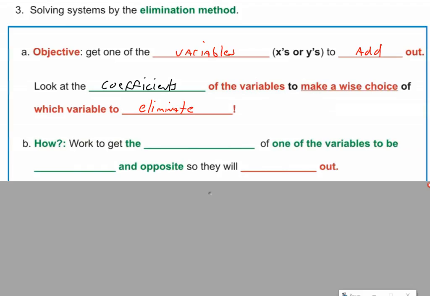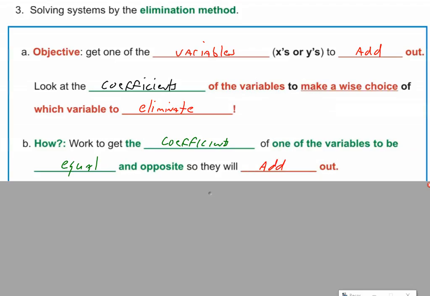Okay, so how do you do that? What your goal is, you're going to work to get the coefficients, the multipliers of the variables, to be equal and opposite, so they will add out.